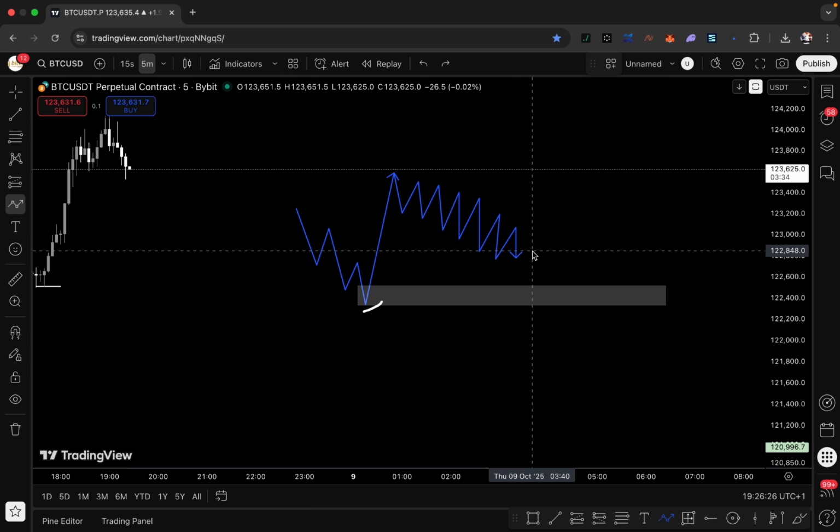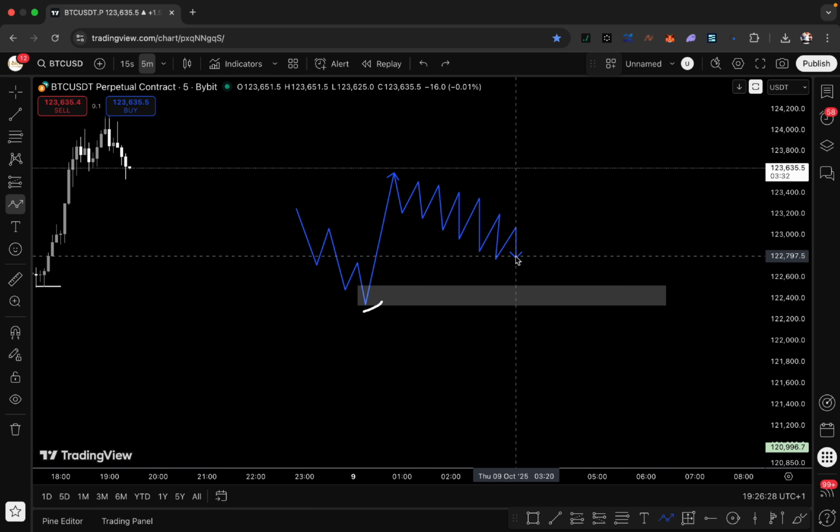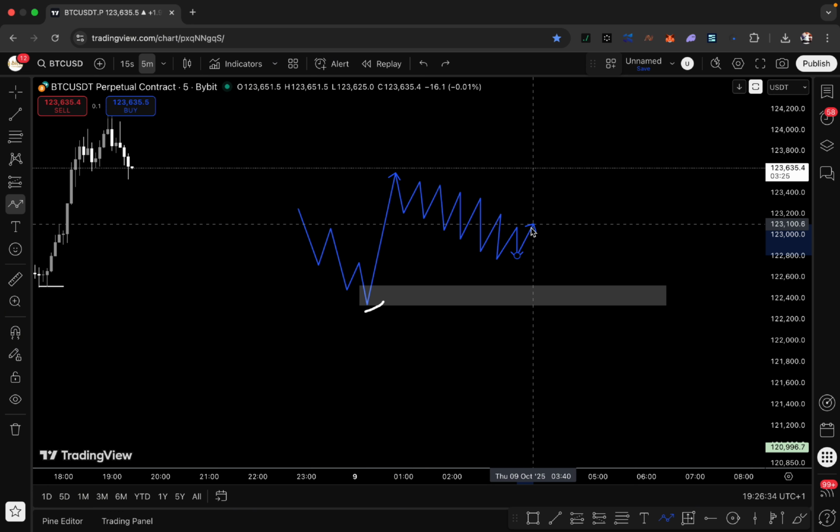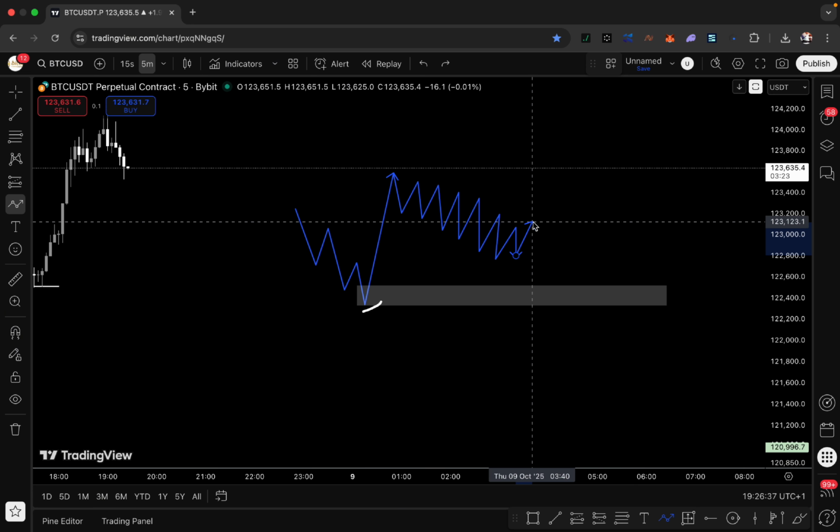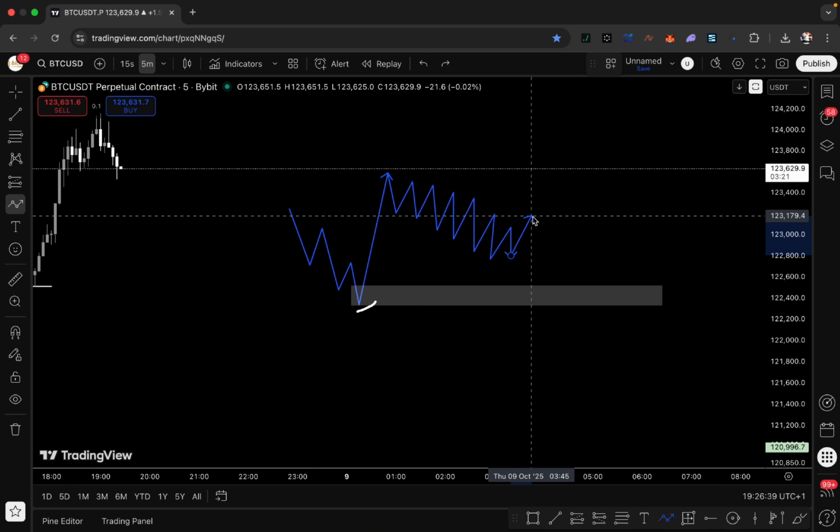At times, what it usually does is first sweep, then break structure, just to cause a trap. That's the whole logic behind liquidity. This is the market trying to trap retailers, to transfer money to the banks or the higher ups.